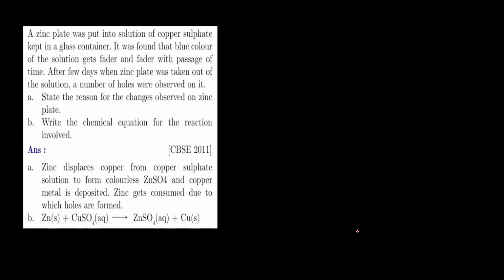A zinc plate was put into a solution of copper sulfate kept in a glass container. It was found that the blue color of the solution gets faded with the passage of time. After a few days, when the zinc plate was taken out, a number of holes were observed on it. Okay, what is the reason? Yes, the reason is very simple.